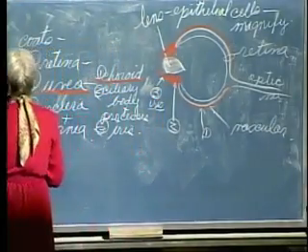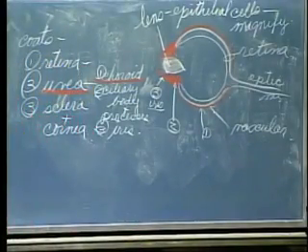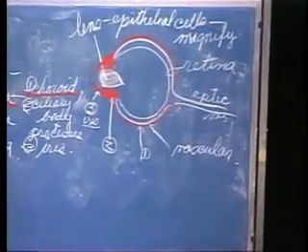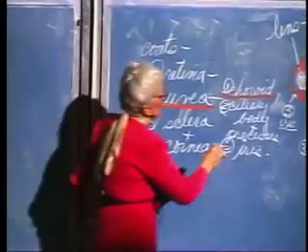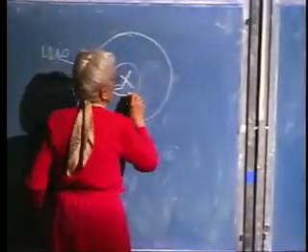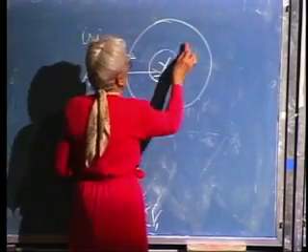If we take the iris and look at it from in front, we'll see just the disc with the pupil. And here would be your pupil here. And we'll have the muscles that we've mentioned before in the iris. We have those that are circular.